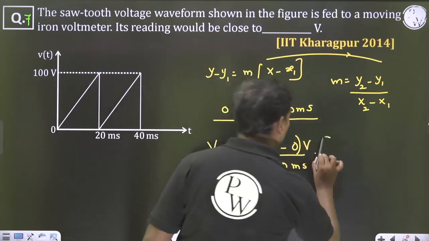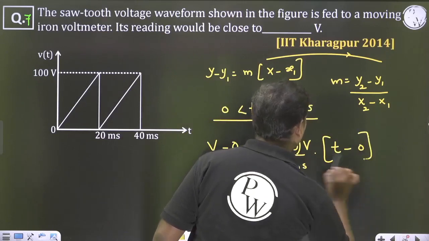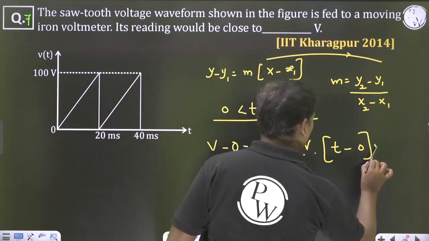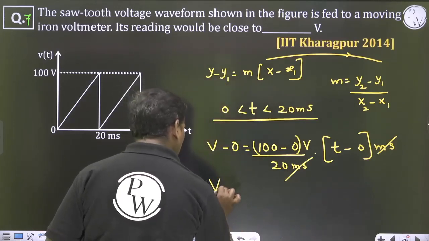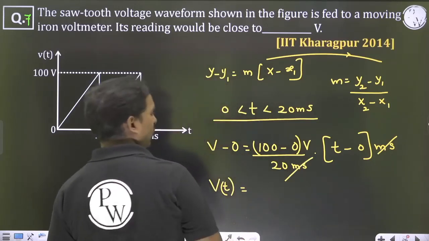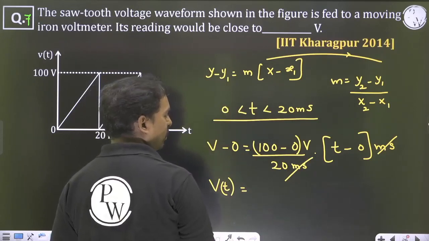What is x? x is equal to t, x1 is equal to 0. The milliseconds get cancelled, so v of t is equal to 100 by 20, that is 5.